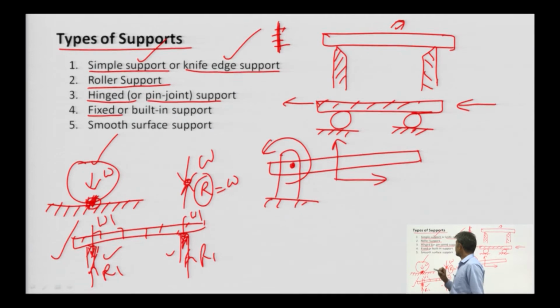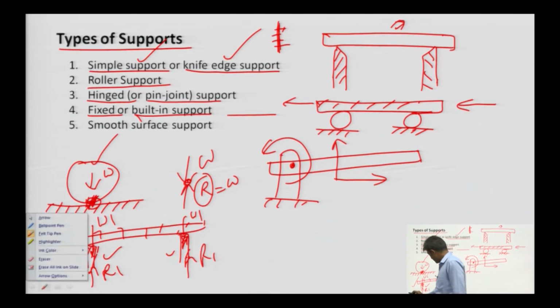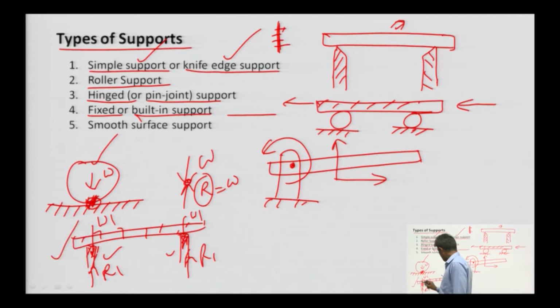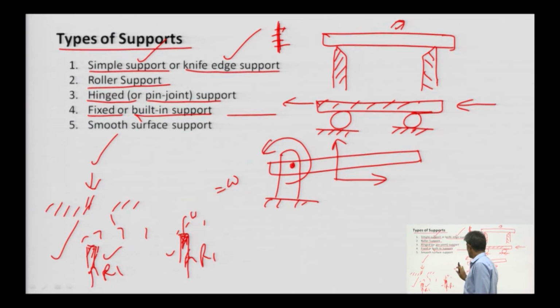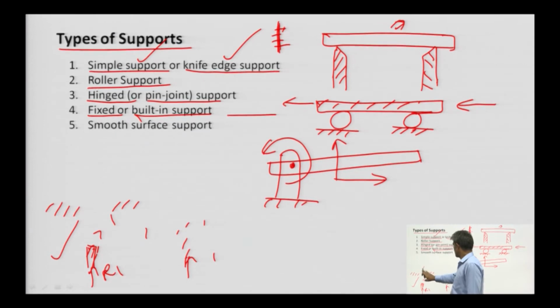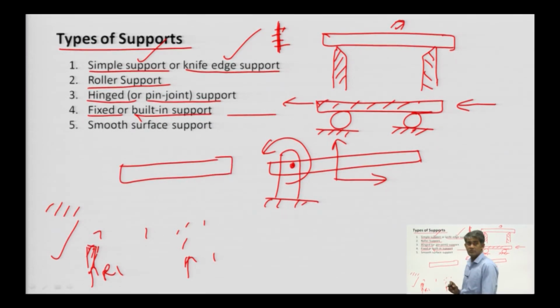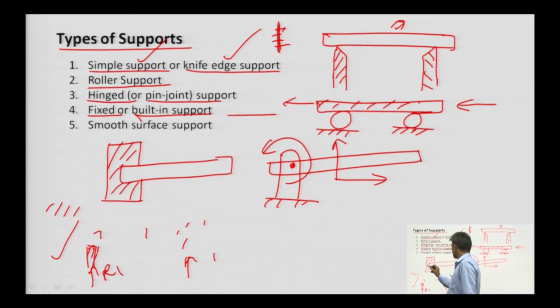Next is fixed support or built-in support. Built-in support means this horizontal bar is placed inside a support, and the contact surface, this one contact, is perfectly rigid.